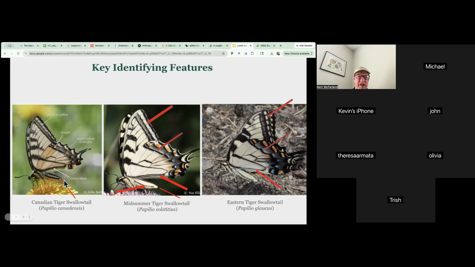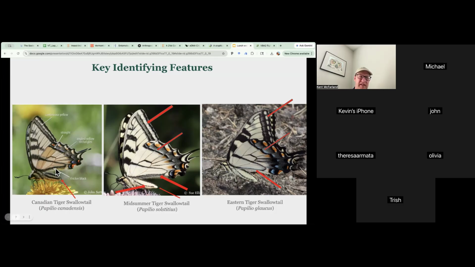But then probably the biggest thing is this band right here, this anal band on the underside, on this lower cell. You can see how thick it is here on Canadian tiger swallowtail, and it's a little bit thinner on midsummer tiger swallowtail. It's up to around 50% sometimes, down to maybe 30%. Here it's usually more than 50%.